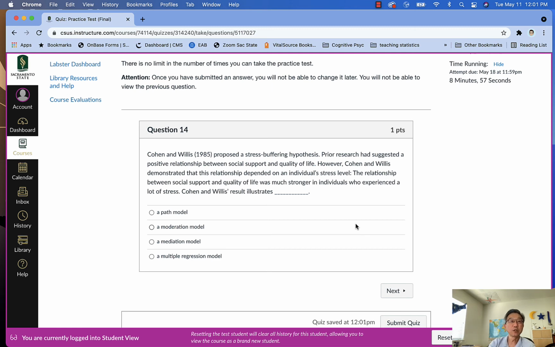The relationship between social support and quality of life is stronger for people who experience a lot of stress. So a relationship is stronger in a certain scenario, but weaker in another. That describes a moderation. It's an interaction, right?